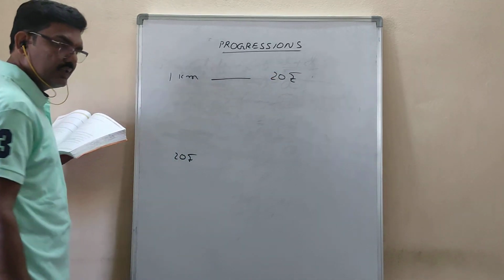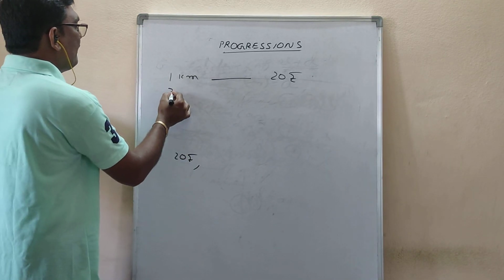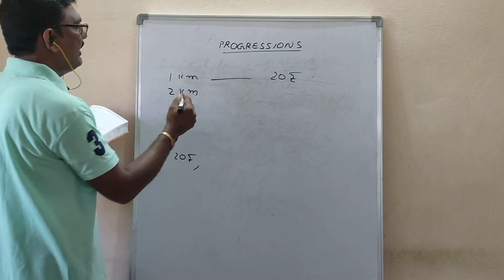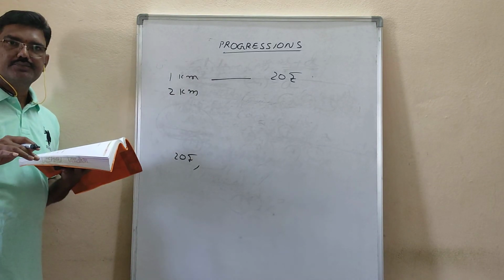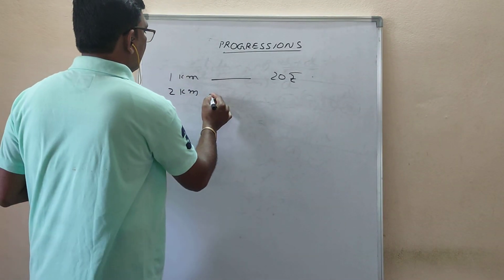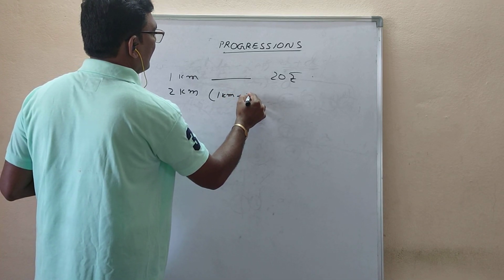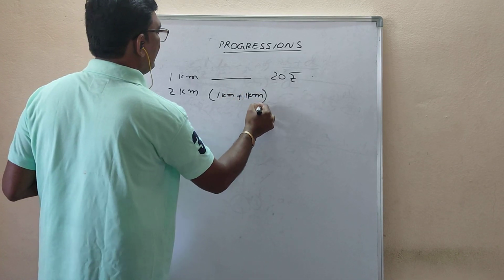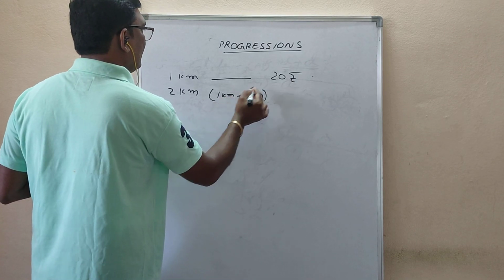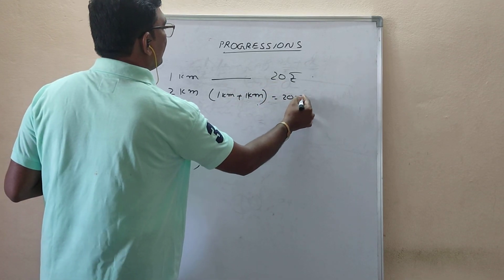20 rupees. Then one person travelled 2 kilometers in the same taxi. 2 kilometers is nothing but 1 kilometer plus 1 kilometer. For the first kilometer, he is asked to pay 20 rupees.